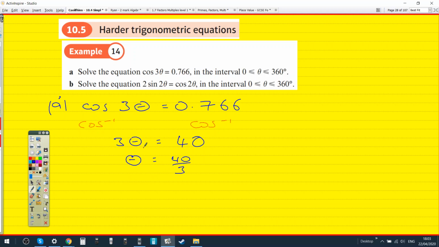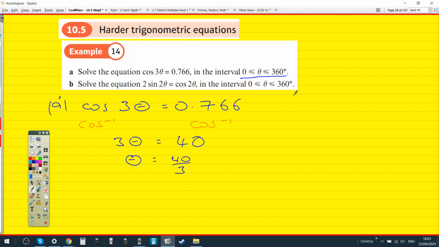They wanted all of the answers in the interval 0 to 360. Do you remember how we get additional answers? Yeah, there's the rules. So for cos, subtract from 360.